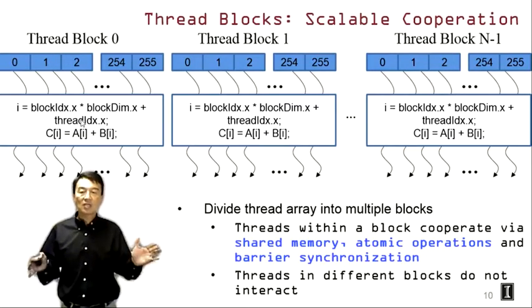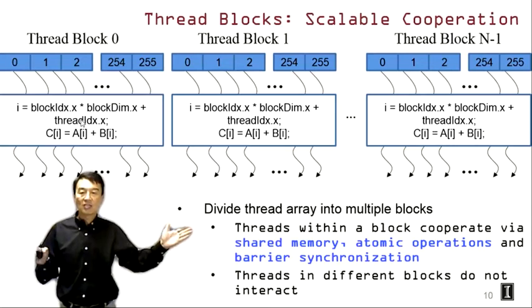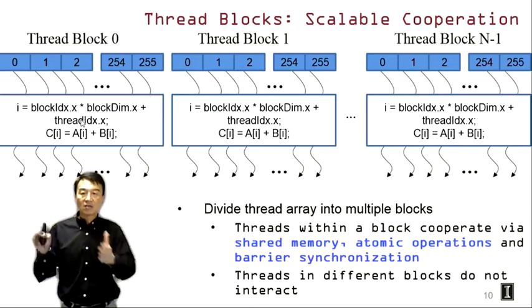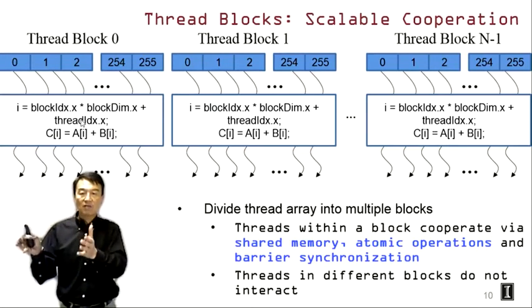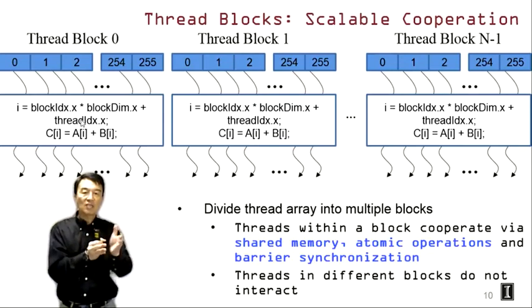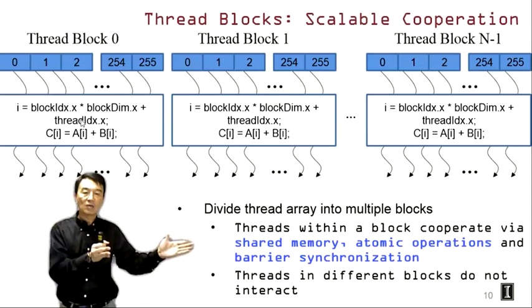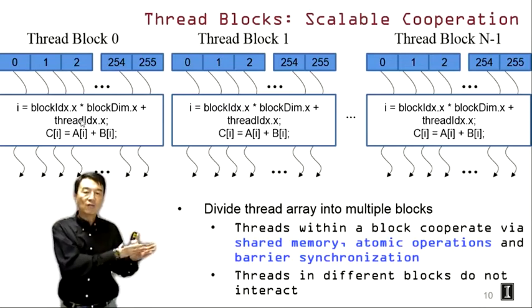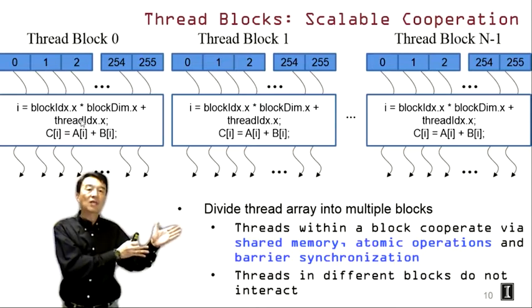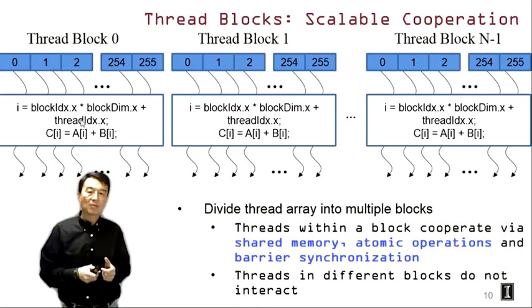As you can see, all the threads now form a uniform coverage of all the array elements: 0 to 255 in the first thread block, 256 to 511 in the next thread block, and 512 onward in the next block.